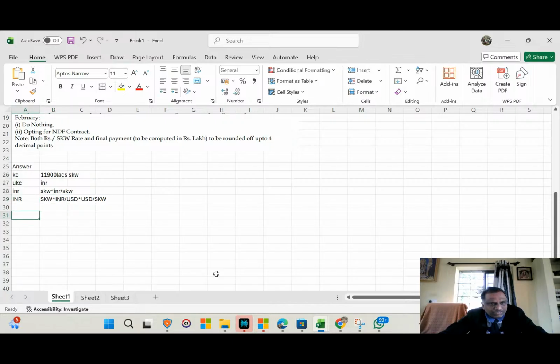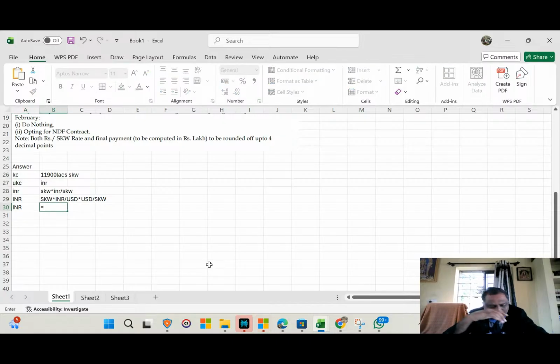This information I have, my friends. Now INR is equal to SKW 11,900 lakhs into INR divided by USD. How much is INR divided by USD?